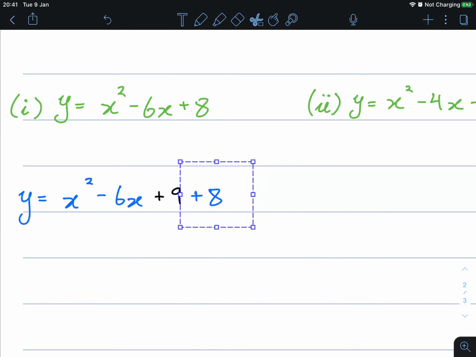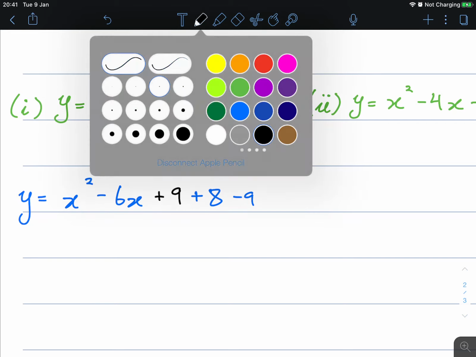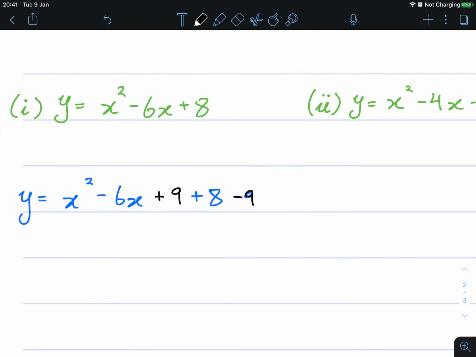Now, normally, when we add 9 to the right hand side, we add to the left hand side as well. This time, instead of that, we're going to subtract 9 on the same side, because this balances the equation. So when we add 9 and then subtract 9, nothing is really happening to this equation.